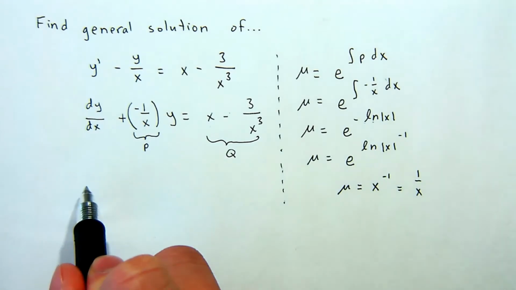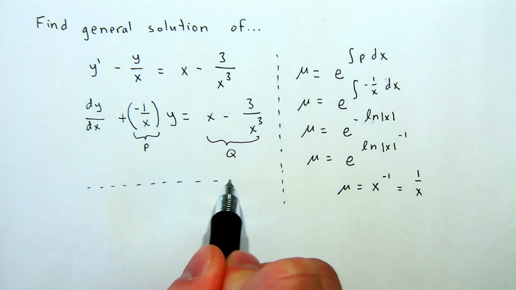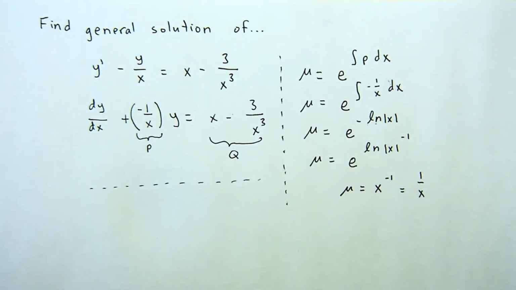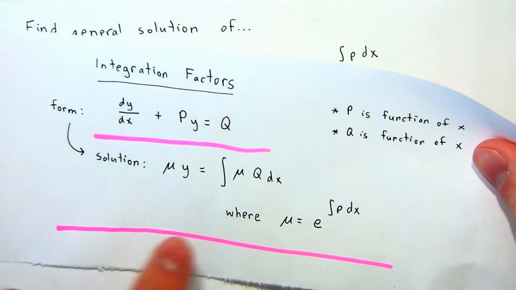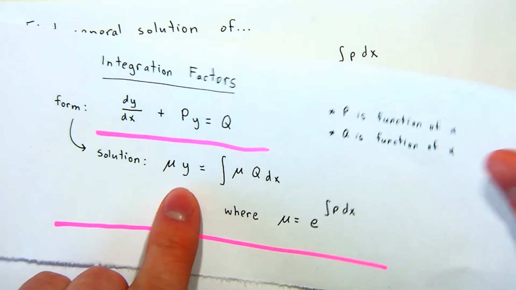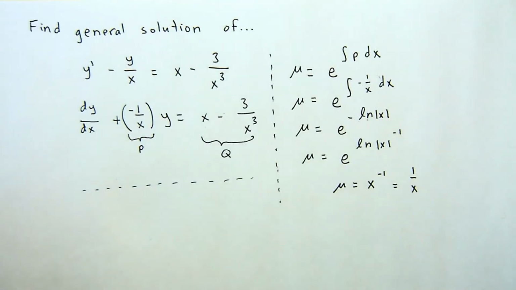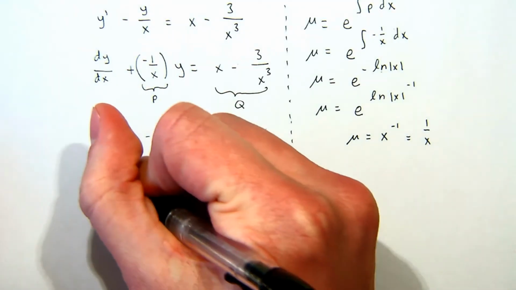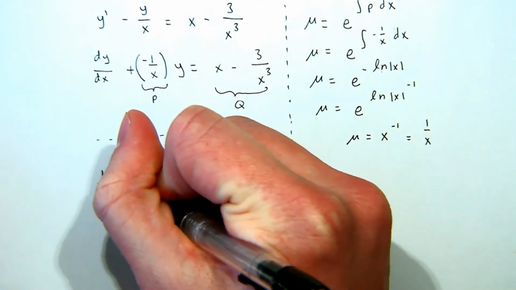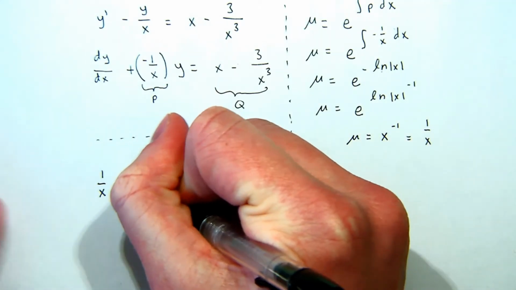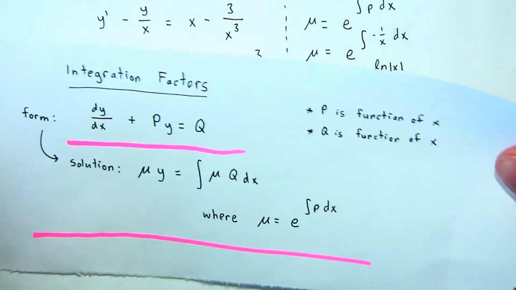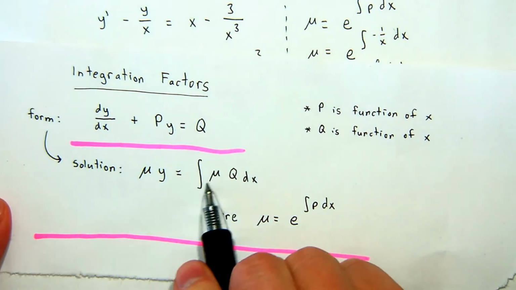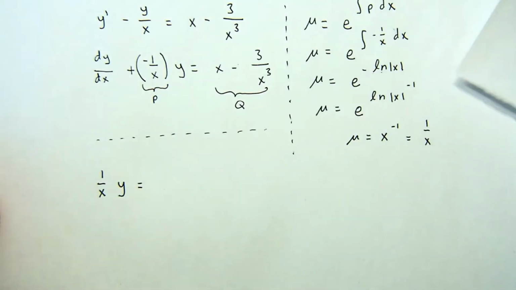So we've solved our mu, and we have our p and our q. The next step is just to put it into the solution here. So the solution: mu times y. Mu in this case is 1 over x, times y, is equal to the integral of mu times q times dx.